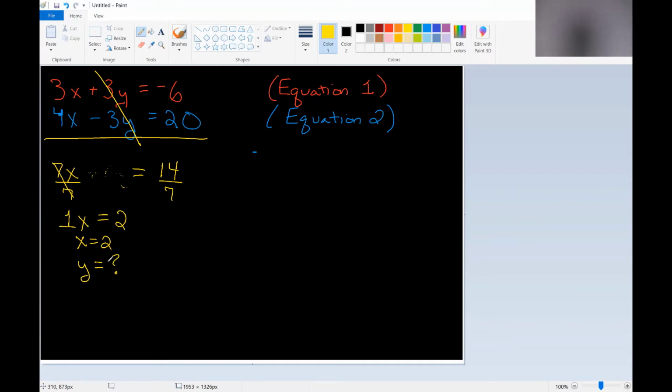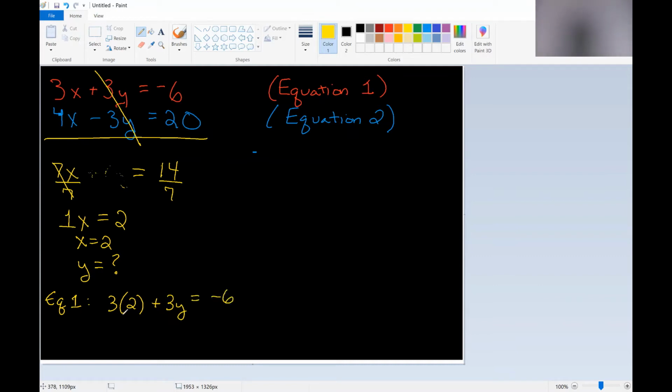is. If we go back to equation 1, I'll use that equation. That looks quite easy to work with. I'll plug in my x value, which was x equals 2. So we've got 3 times 2 plus 3y. We don't know what y is. That's what we're looking for. And on the right-hand side, we have negative 6.